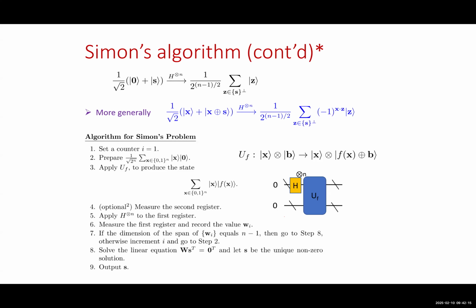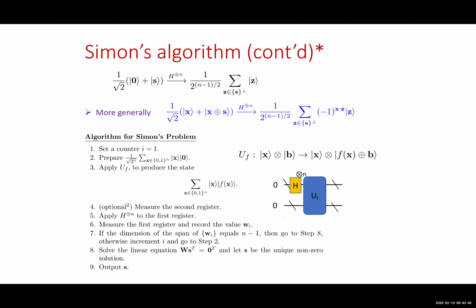We are promised that there are only two arguments that would map to the one solution, unless s is identically 0. In that case, it's only one. Since we know there are only two, when you measure, you would collapse to this. And this means the first register, when you measure in the computational basis, is always orthogonal to the hidden bit string, right?